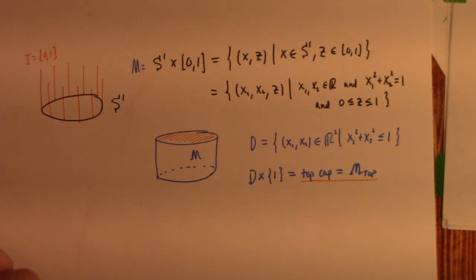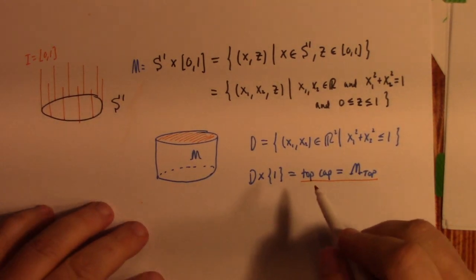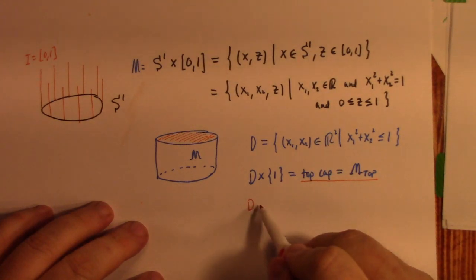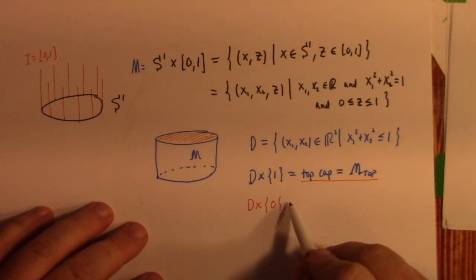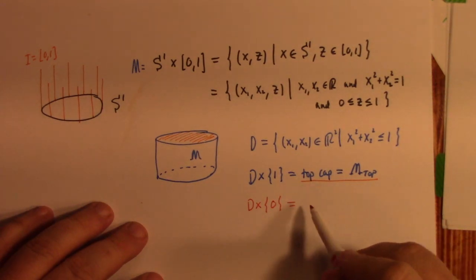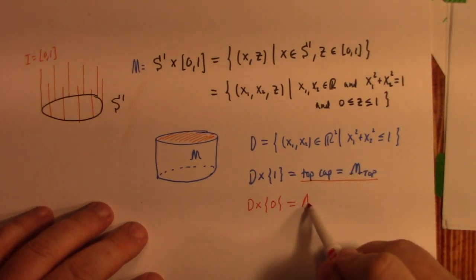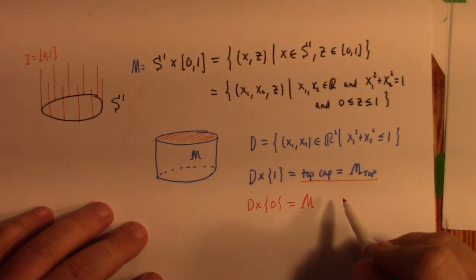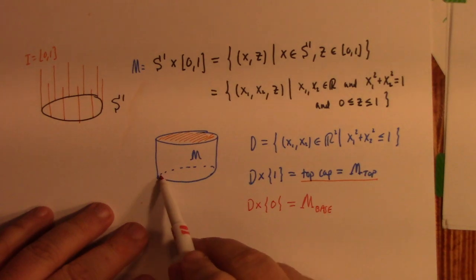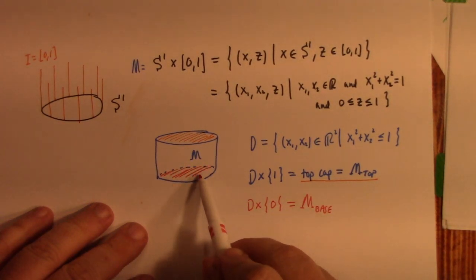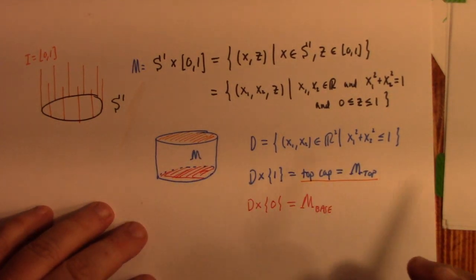On the other hand, if I wanted to construct the bottom cap, the base of this, to close the cylinder and give it a bottom, I could do D Cartesian product 0, and that would be the set of triples in R3 that you need to put down there at the bottom.